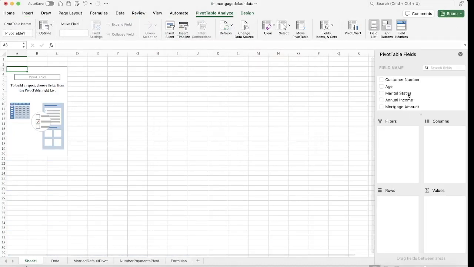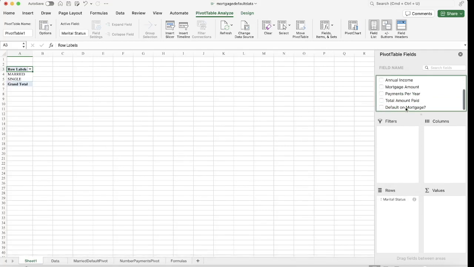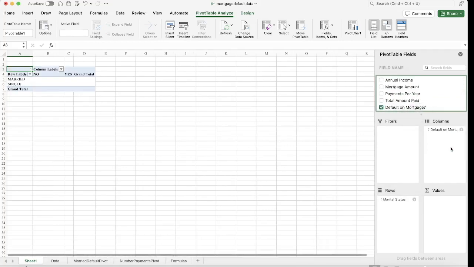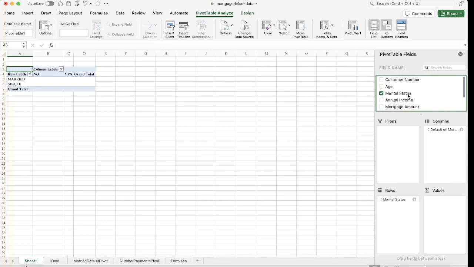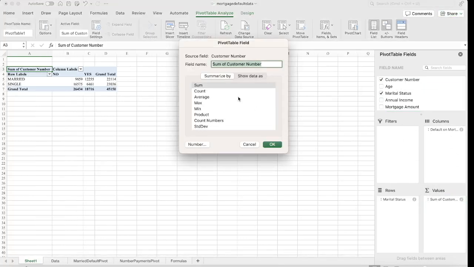Okay. So let's make a pivot table with marital status and whether or not they defaulted. I'm going to take marital status and drag it to rows, and then default to columns. Then I need to add up how many people are in each of these categories. I could use any of these; I'm going to use customer number, drag that to values, and I don't want the sum.